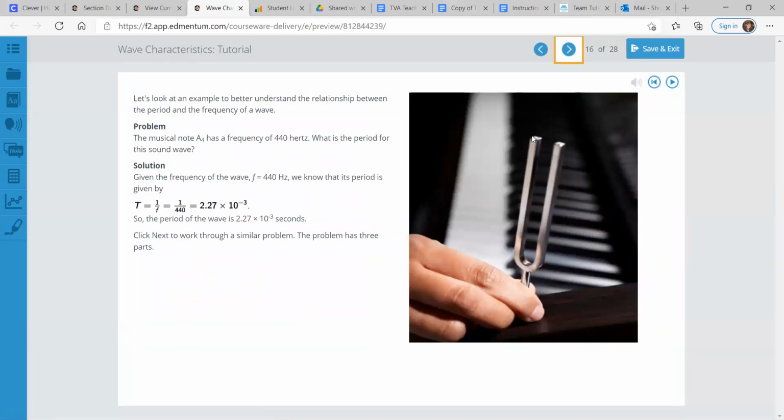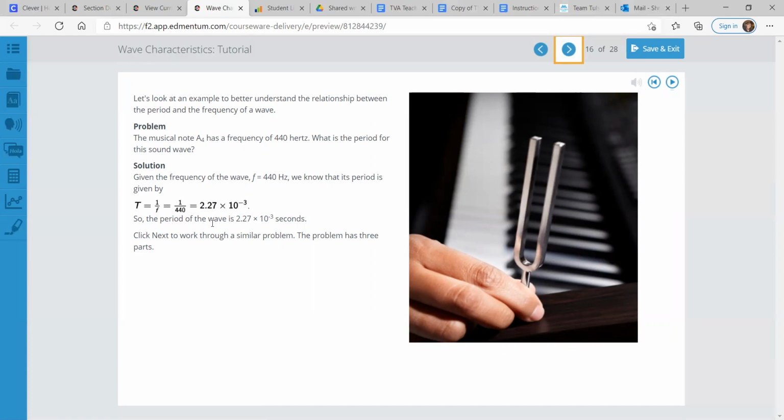So let's look at an actual example. Problem: a musical note has a frequency of 440 hertz. What is the period for this sound wave? So we know that the frequency F is 440 hertz, and that its period is given by T equals 1 divided by F. If F is 440, we have 1 over 440, and that equals 2.27 times 10 to the negative third power.